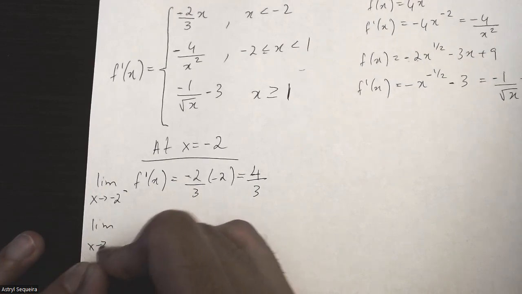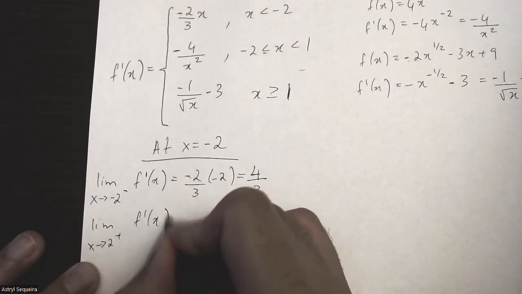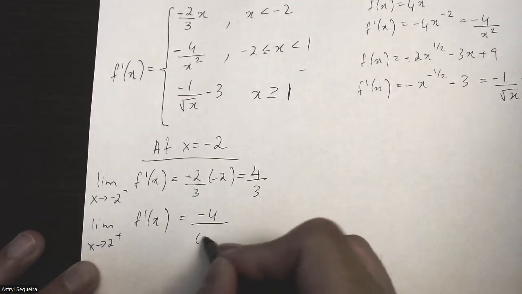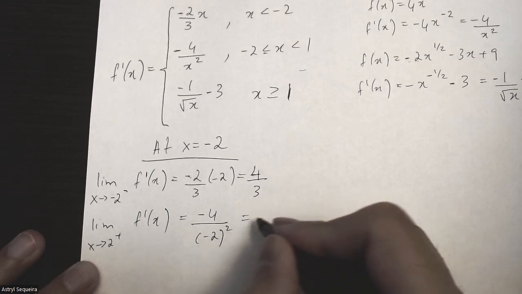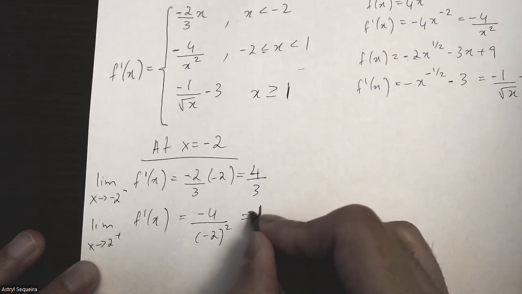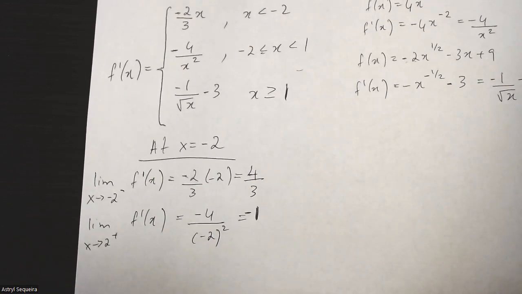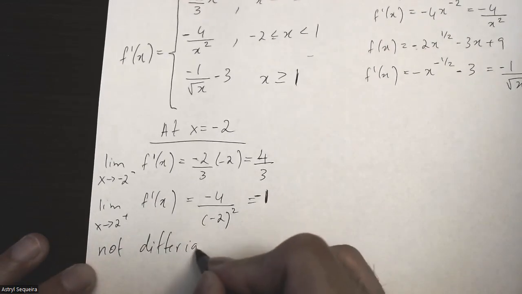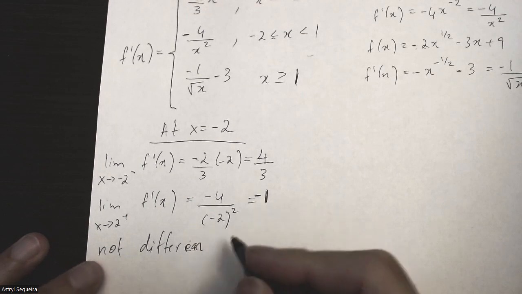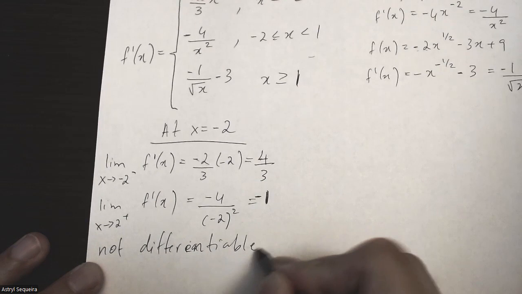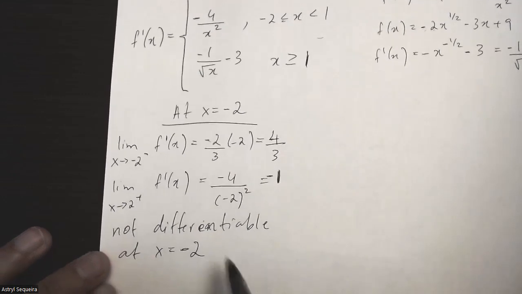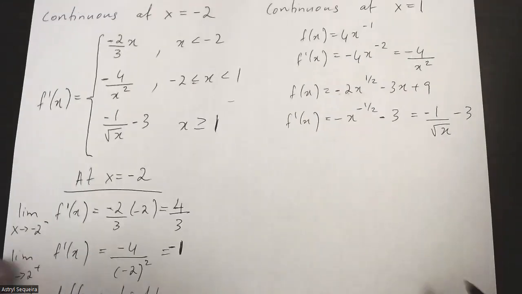The limit as x approaches -2 from the positive side of f prime x is the second function, -4 divided by (-2) squared, just -1. Now, since these two values are not the same, the function is not differentiable at x equals -2. So now I found my second point where it's not differentiable.